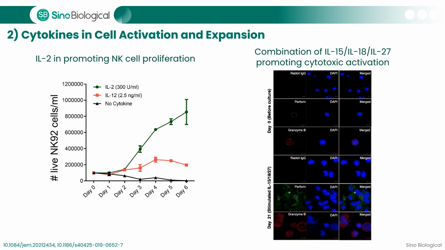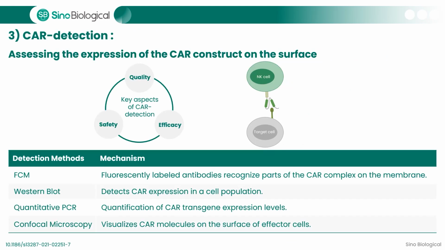The next important part during CAR therapy production is CAR detection. This step is to assess the expression of the CAR construct, which is a very important step in quality control.